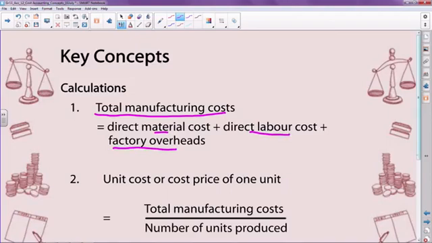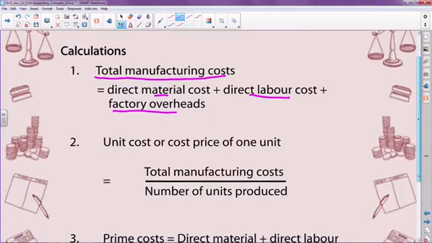Right, the second calculation that you're also going to come across is the unit cost or the cost price of one unit. In other words, how much did it cost the business to make one item? What is the cost price per unit? Right, so how are we going to go about establishing this?